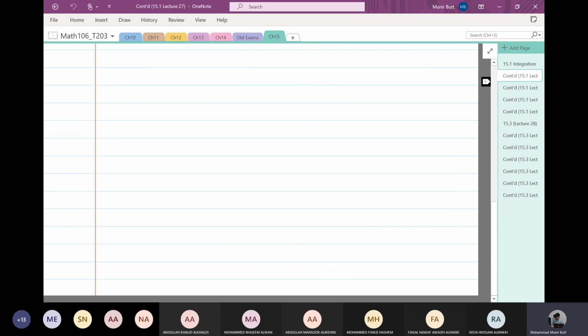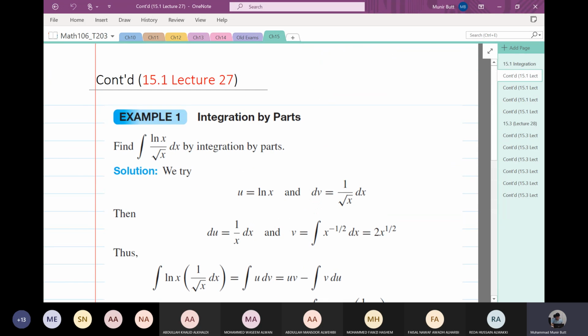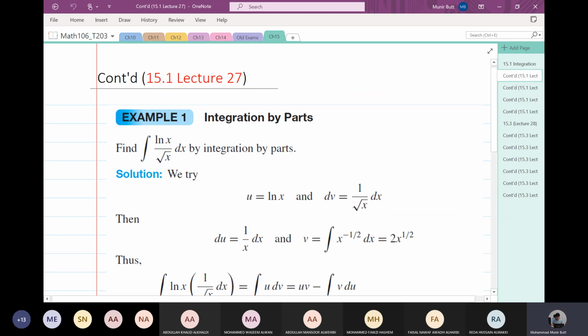Okay, so let's see how to do it. For example, you are given a question to find this integration by parts. You can use any other formula, but if it is asked that you have to do it by integration by parts, then you have to use integration by parts.